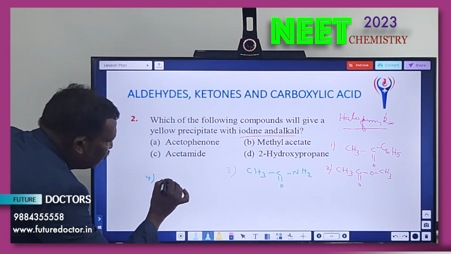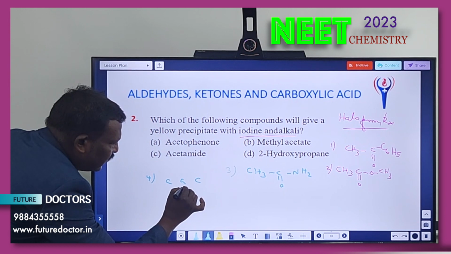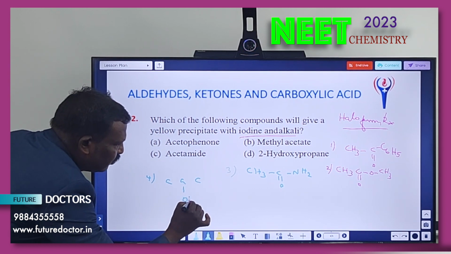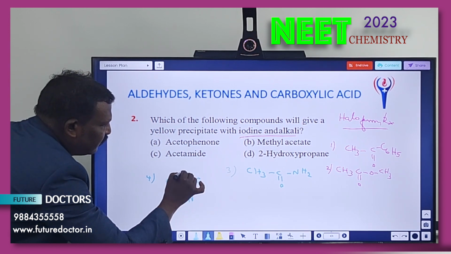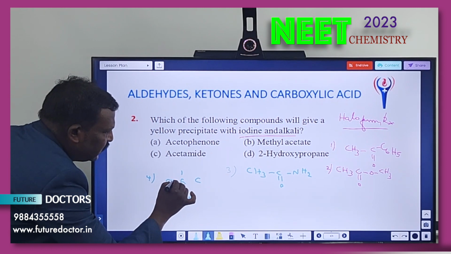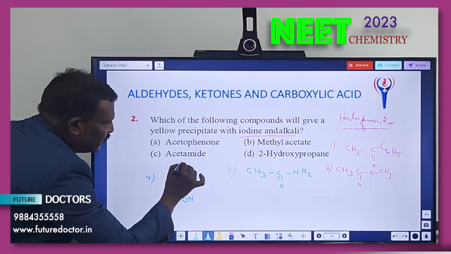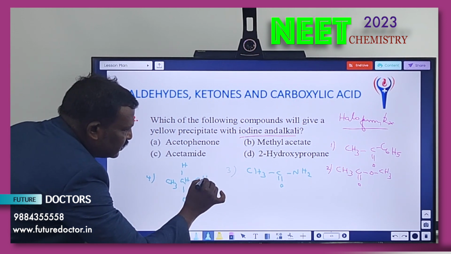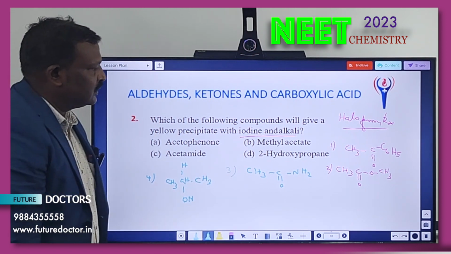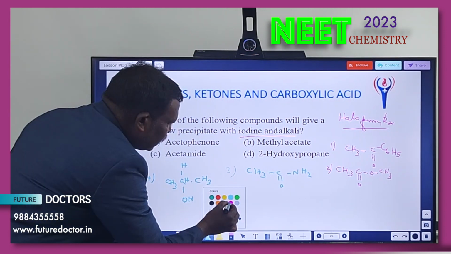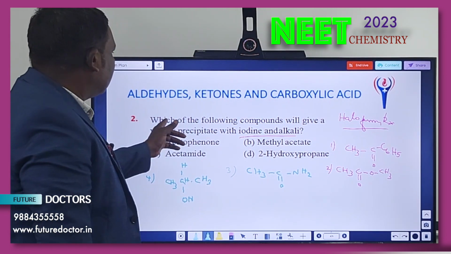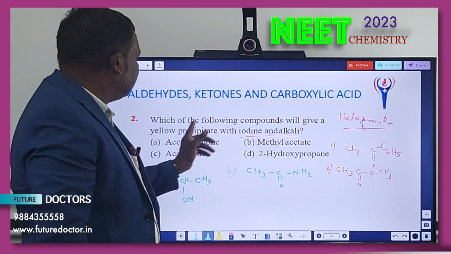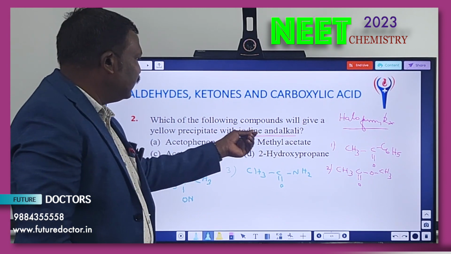Propane means 3 carbons. Here OH group, then after you can fill with hydrogen: CH3, here H, here CH3. So these are the structures I have written. Now, what's the question? Which of the following compounds will give a yellow precipitate with iodine and alkali?